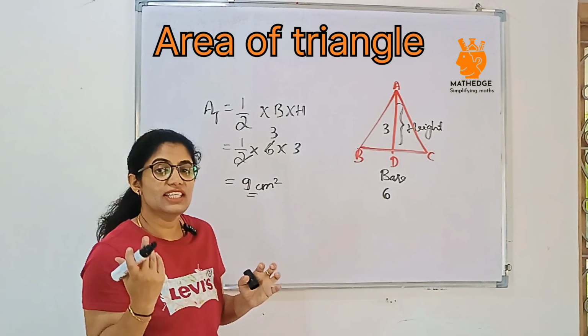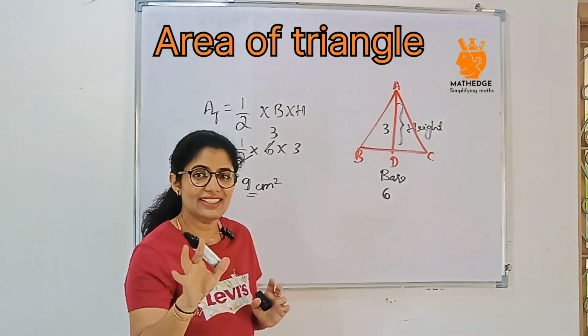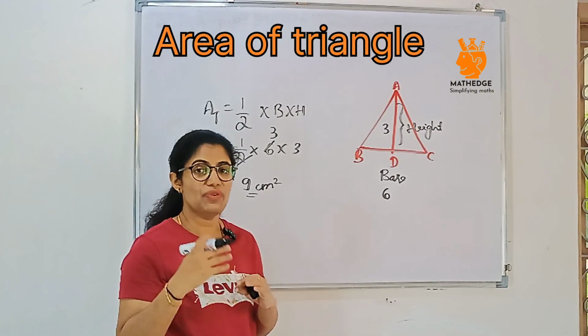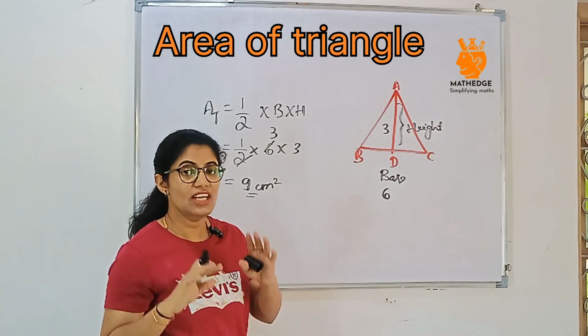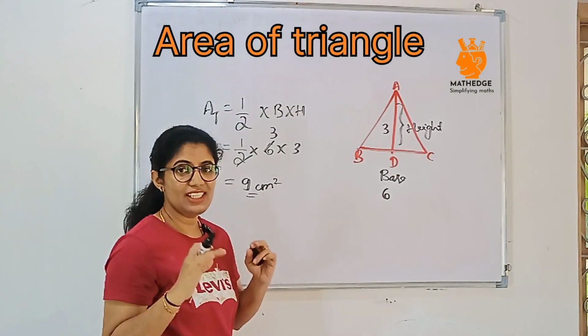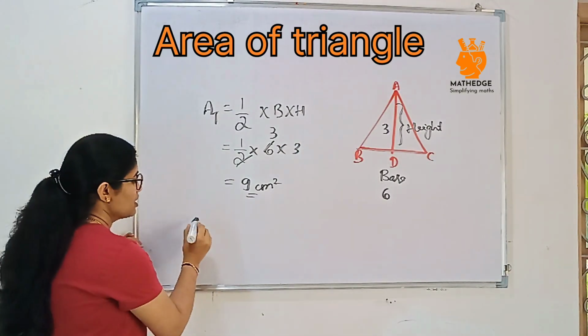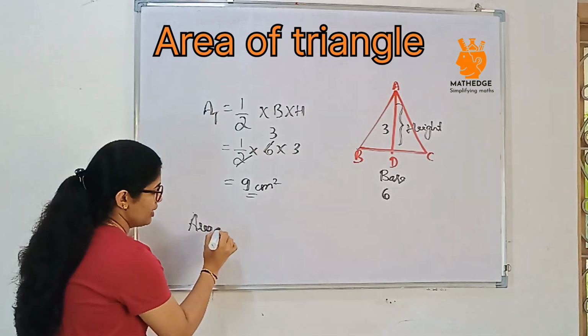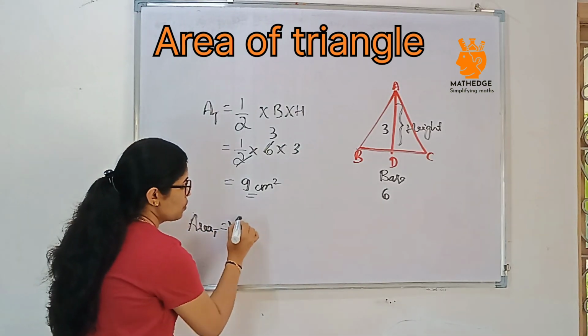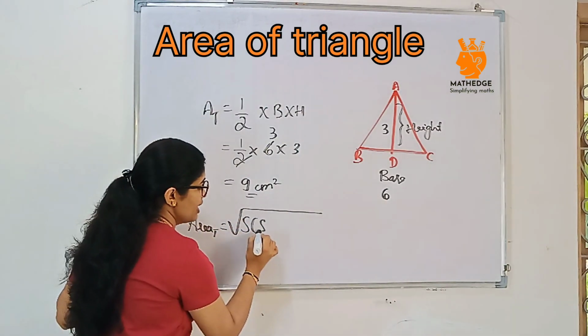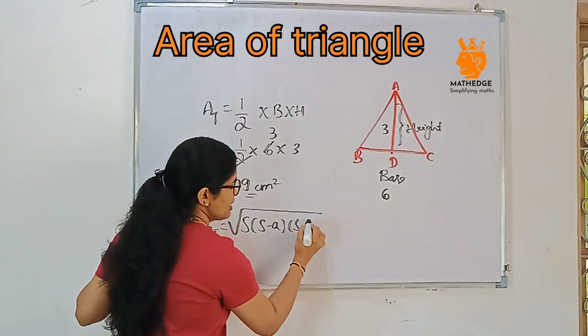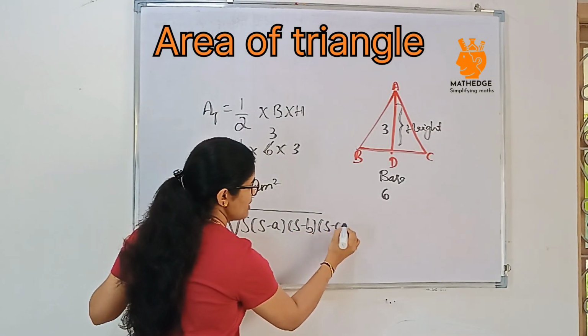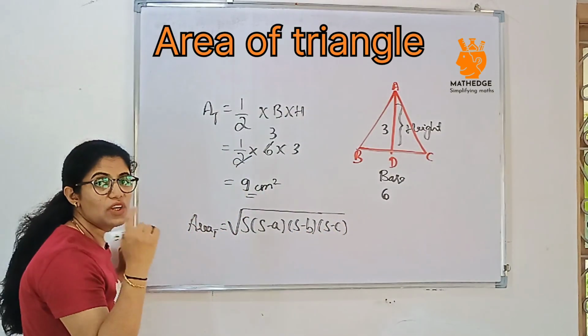And what if the triangle does not have a height? In that case, how can we calculate the area of the triangle? We can calculate the area by using Heron's formula. So the area of a triangle is calculated by the square root of S into S minus A, S minus B, S minus C. And here what is S?